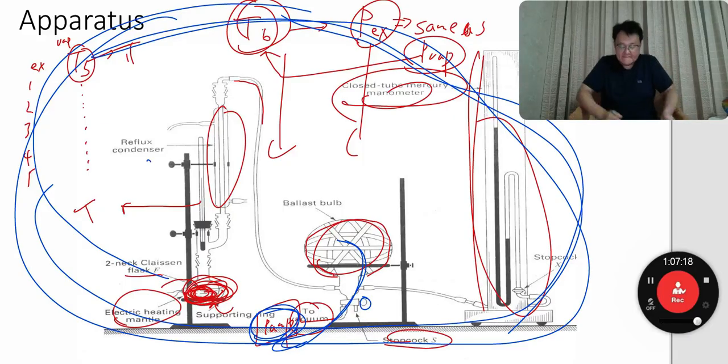And then what is very important is that all these connections should be substantially vacuum tight, okay? So that you should be able to go down to below 90 millitorr, right?